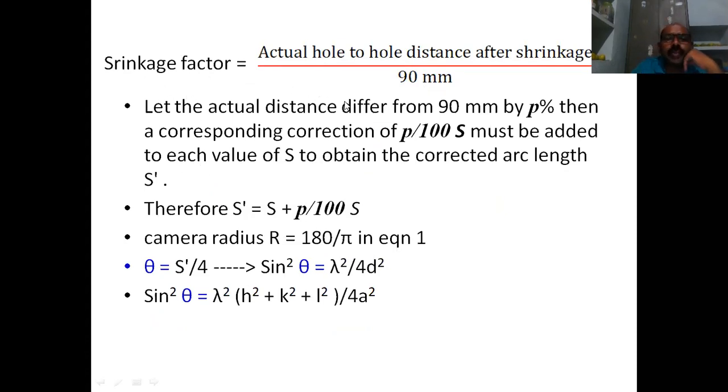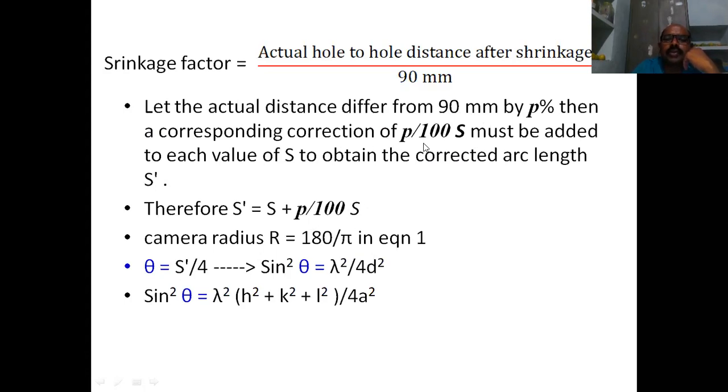So if it is some P percentage, then the corresponding correction for S is given by adding this factor. So P by 100 into S, we are adding this fraction.